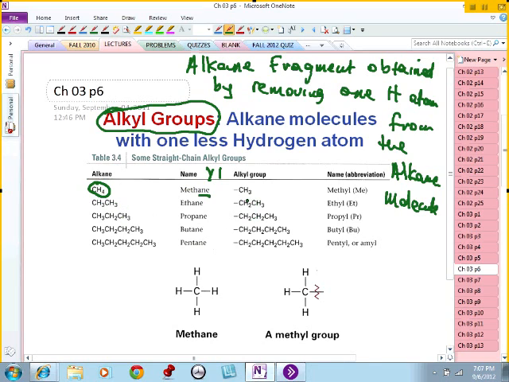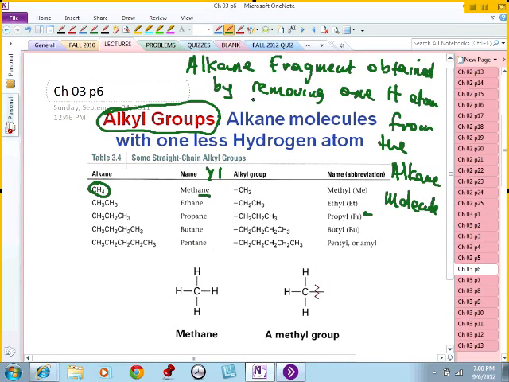We remove one hydrogen from ethane and get an ethyl group. We remove one hydrogen from propane and get this fragment, which we call the propyl group, and so on down the line. So you remove one hydrogen from the corresponding alkane, and the name becomes alkyl: remove the ANE ending of the corresponding alkane and replace it with YL.